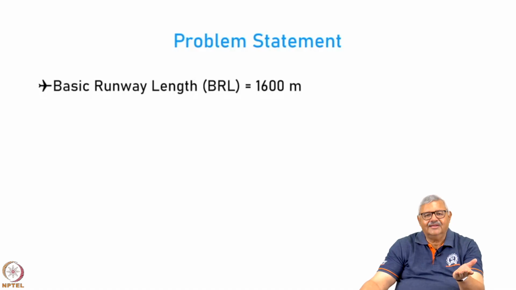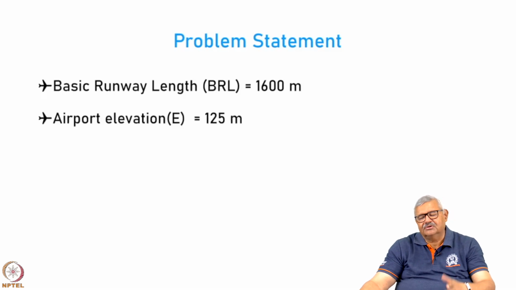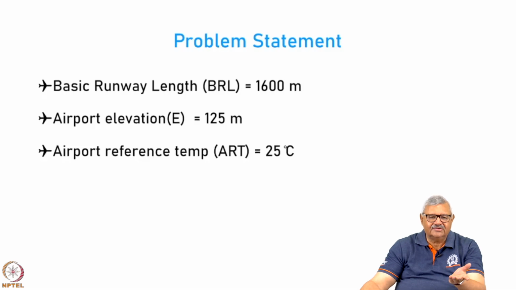There is a theoretical airport at which the basic runway length is 1600 meters. This is the runway length required at mean sea level, ISA conditions, flat runway. But at this airport, the elevation is 125 meters above the mean sea level, and the reference temperature ART is 25 degrees centigrade. Okay.